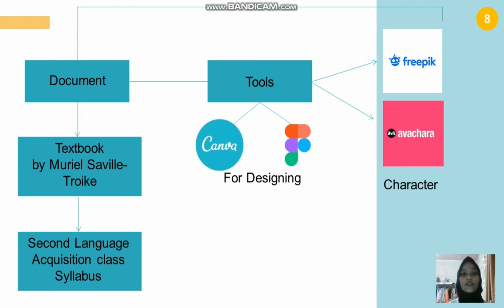Canva is used for developing the flashcard, meanwhile Figma is used to design the scene about the picture related to the term. And Freepik is used to get the characters and also other ornaments that will be used in the scenes for the term. And Avakara is used to create the character.